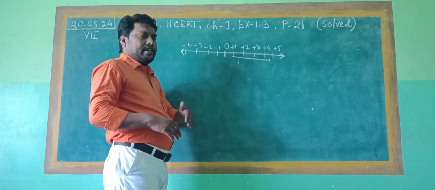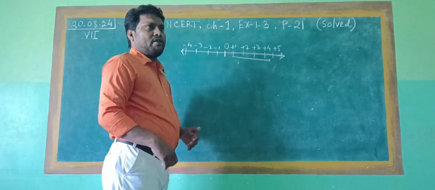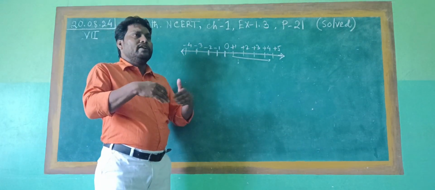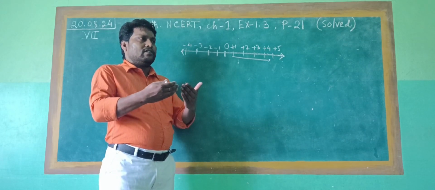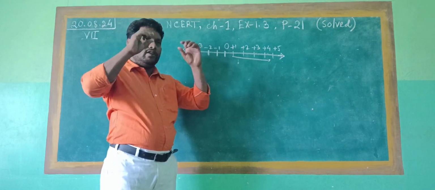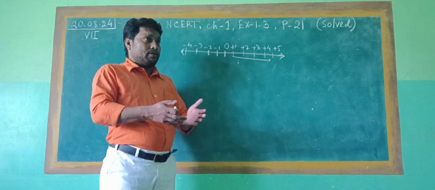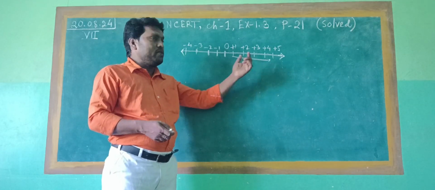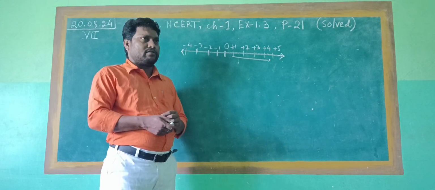And when you come back from there to the ground floor, that will indicate negative. That means you will do the action in favor of gravitational force. But when you are going from the ground floor to the first floor, second floor, you are doing work against the gravitational force.